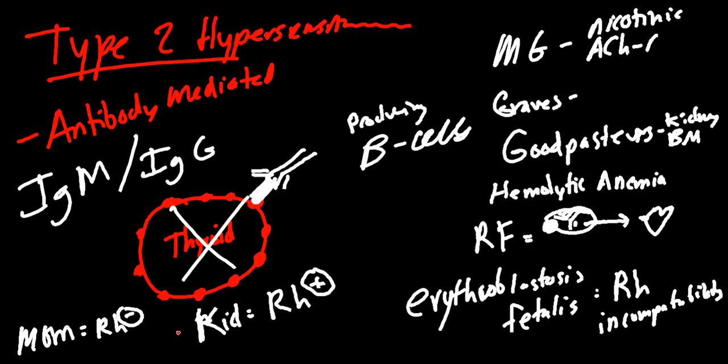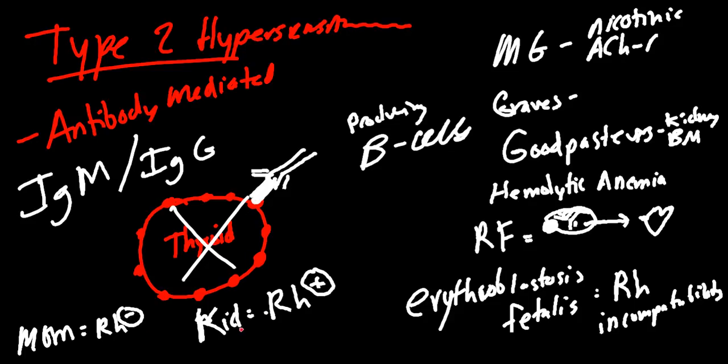So what does this mean? The kid is going to have an Rh antigen on the surface of its red blood cells. It is going to be Rh positive. So when you hear that, it's meaning it has an Rh factor. The mother, however, does not. So when the blood mixes, the Rh factor is going to present to the mother's bloodstream, and the mother is going to make antibodies against the Rh factor.